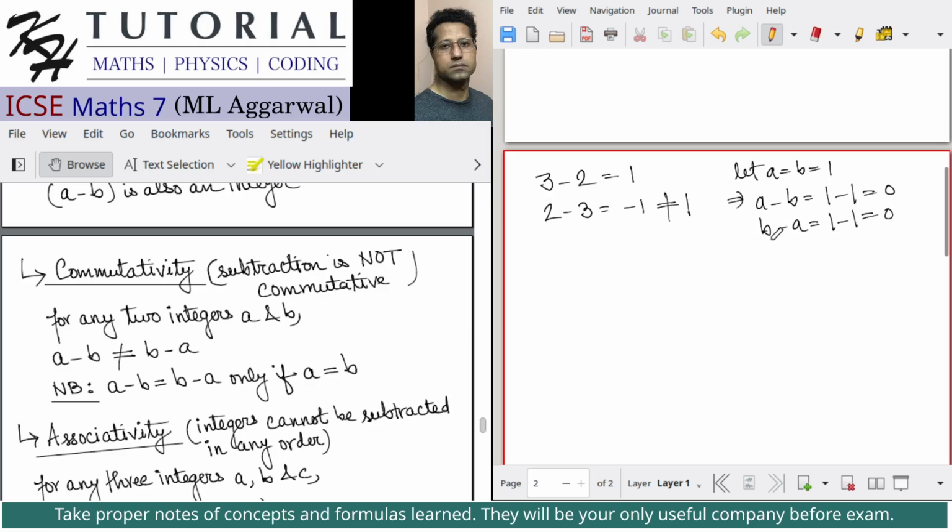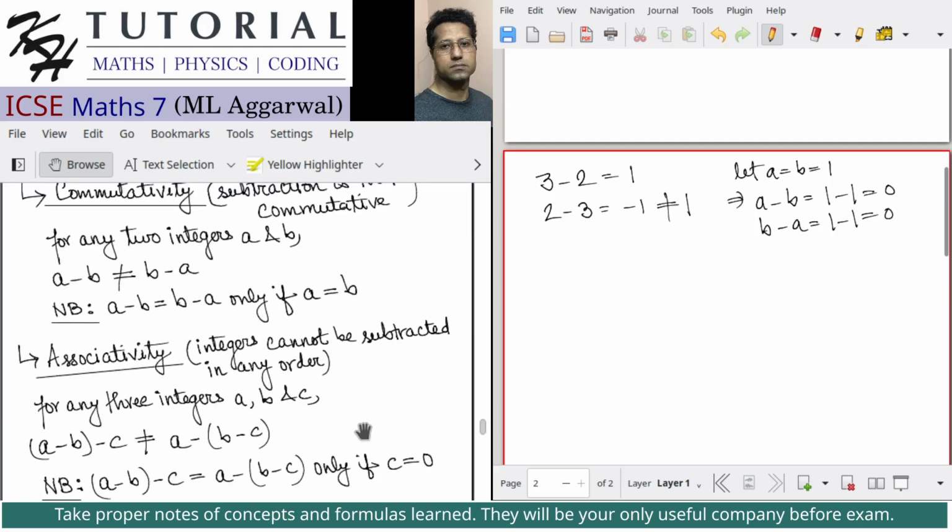The subtraction of two integers will be commutative if you consider any two integers a and b where a is equal to b. So this thing you must keep in mind. In general, we say that subtraction is not commutative. That is, for any two integers, it is not true that a minus b is equal to b minus a.